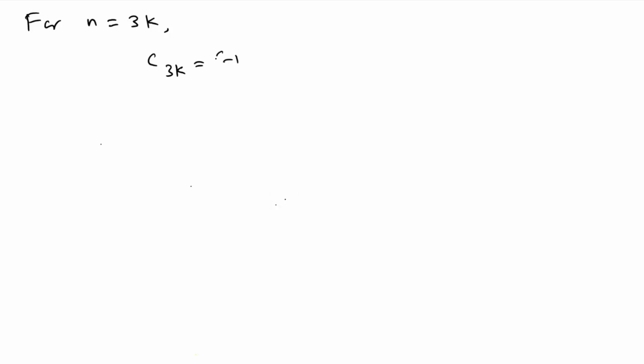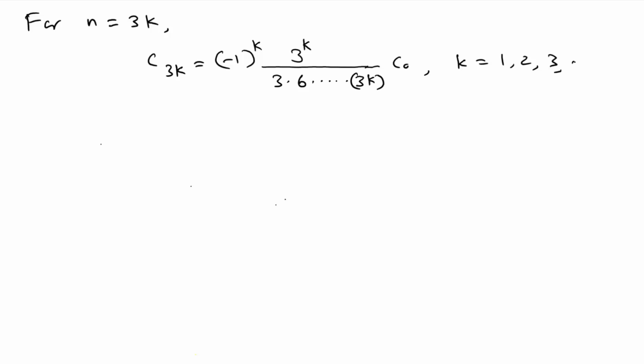It is negative 1 to the k, and then you have 3 to the k over what we have is 3, 6 like that, and then we have until the 3k term, c naught. So this is valid for k going from 1, 2, 3 like that.